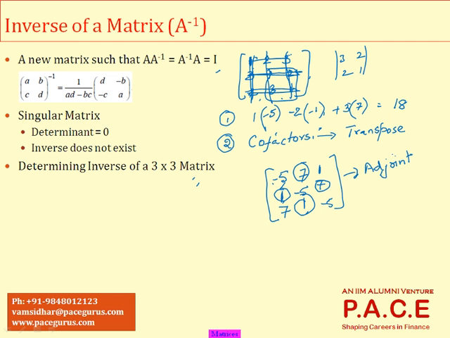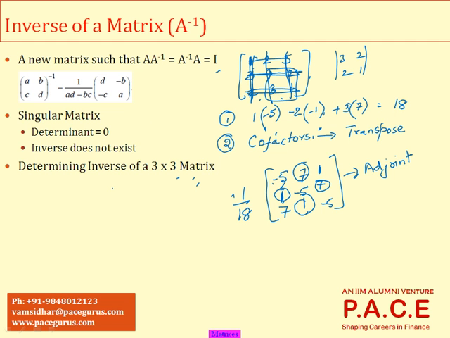Find the determinant of that 2 by 2 matrix. So the list of all those determinants is my cofactors, with changing the signs for the alternate values. And after that, I transpose their positions to get a new matrix. That matrix is what is called the adjoint matrix. And I just multiply this by 1 by the determinant. That is what will give me my inverse.